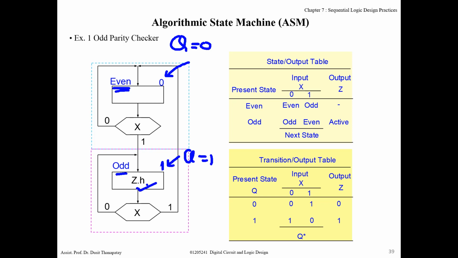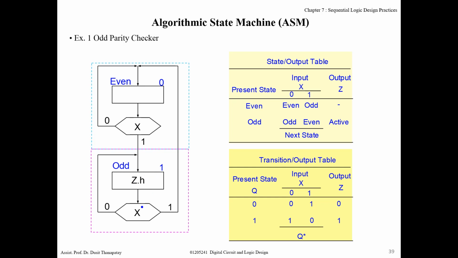It's active. So you write just only the active output. Some people may write Z is 0, and that is okay. But for a system with many output bits, if you write all outputs as 1 or 0, it is not comfortable. So normally we write only the active output.